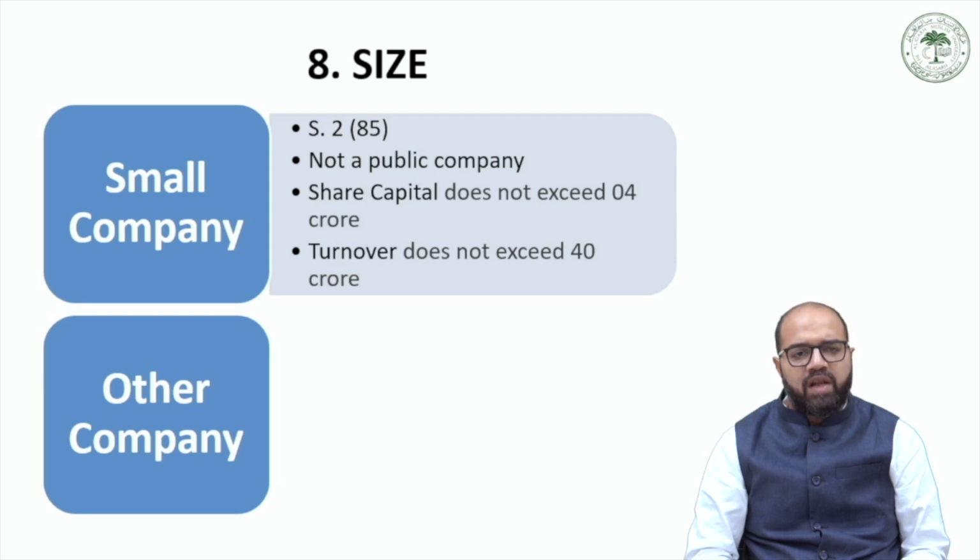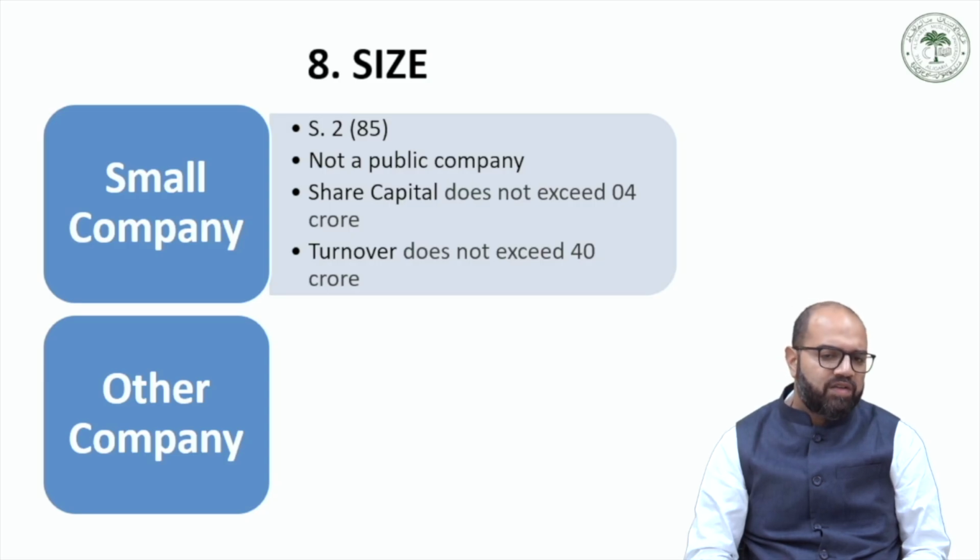Now, one important thing that you have to keep in mind is that a small company is not a public company. So in terms of its structure, it does not define as to what a small company is, except by saying that it should not be a public company. So it can be an OPC or it can be a private limited company.